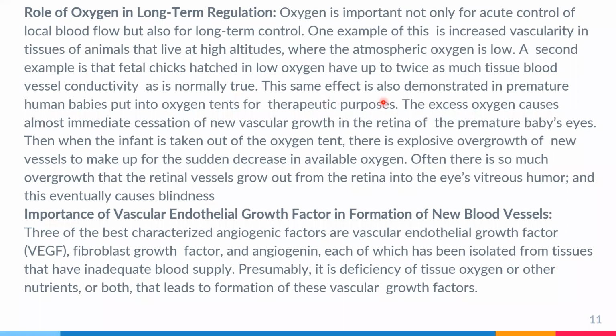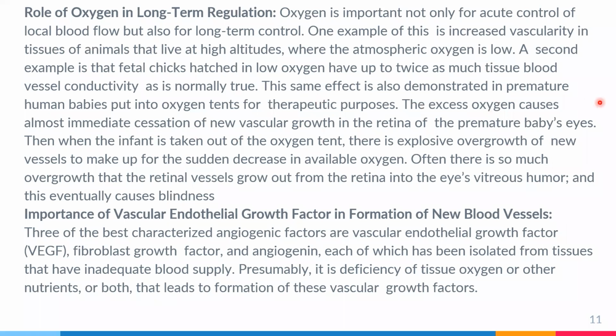This same effect is also demonstrated in premature human babies put into oxygen tents for therapeutic purposes. The excess oxygen causes almost immediate cessation of new vascular growth in the retina of the premature baby's eyes.